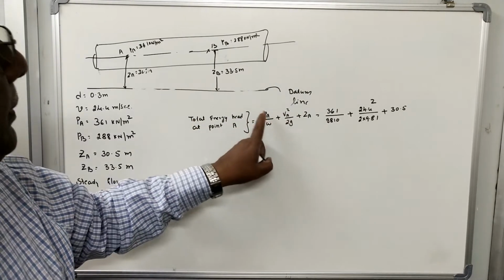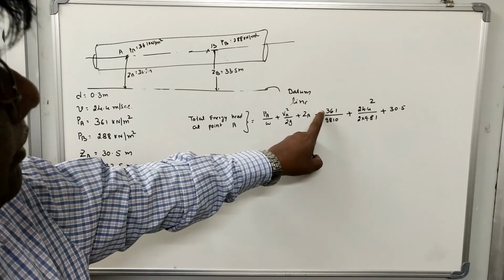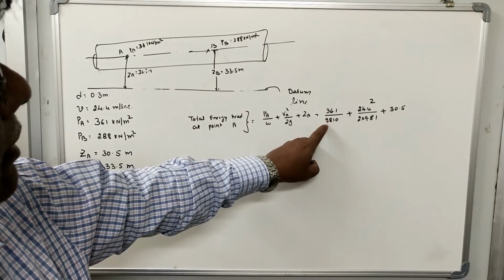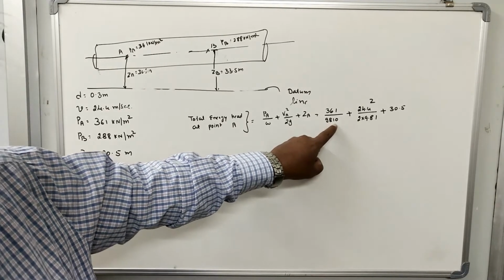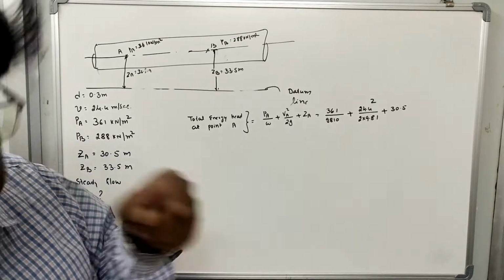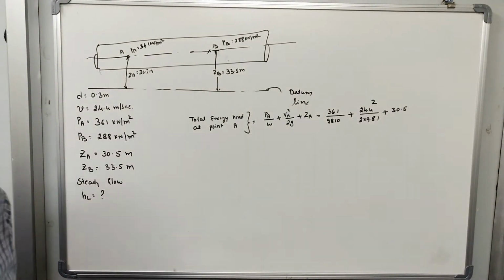So that is PA by W, 361 kilonewton per meter square, divided by 9810, that is the unit weight of water.